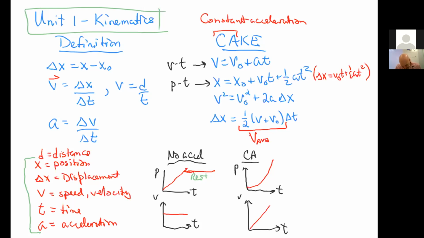Sorry, your VT graph in constant acceleration would be a sloped line, I apologize for that, where the slope of the line is your acceleration. On the PT graph, the slope of your line would be your velocity. And then the acceleration-time graph would be just a horizontal line.